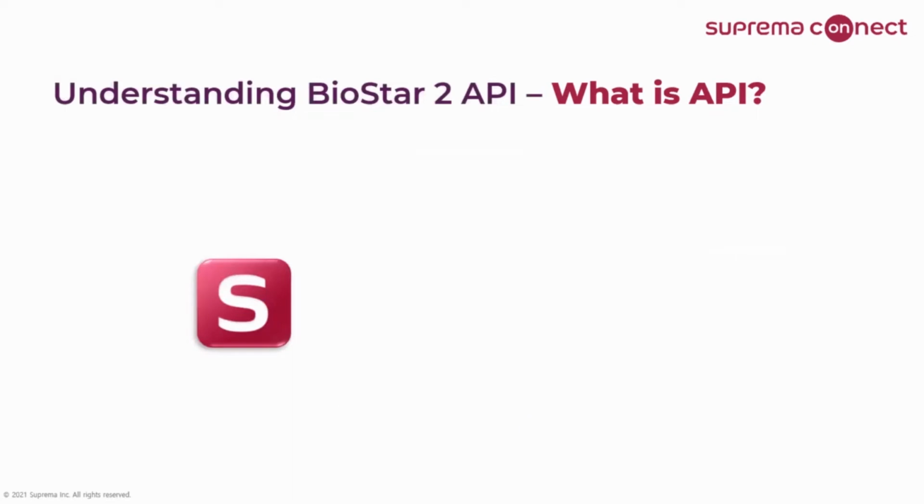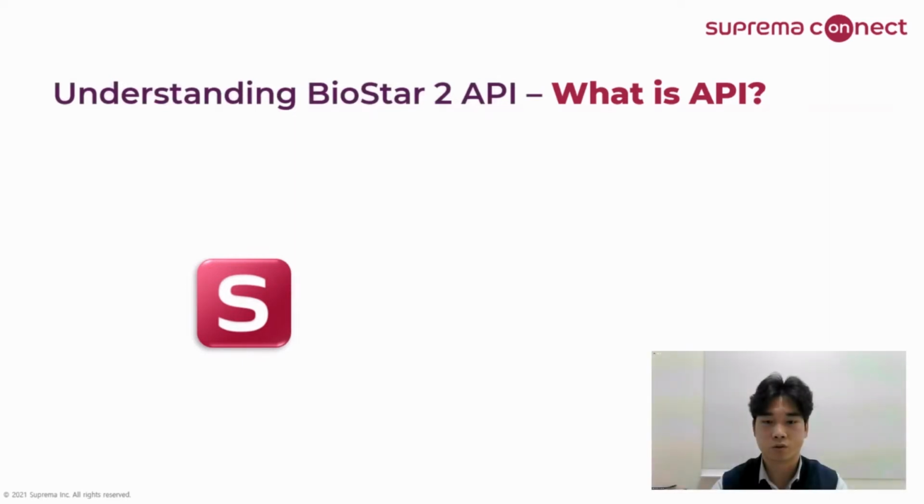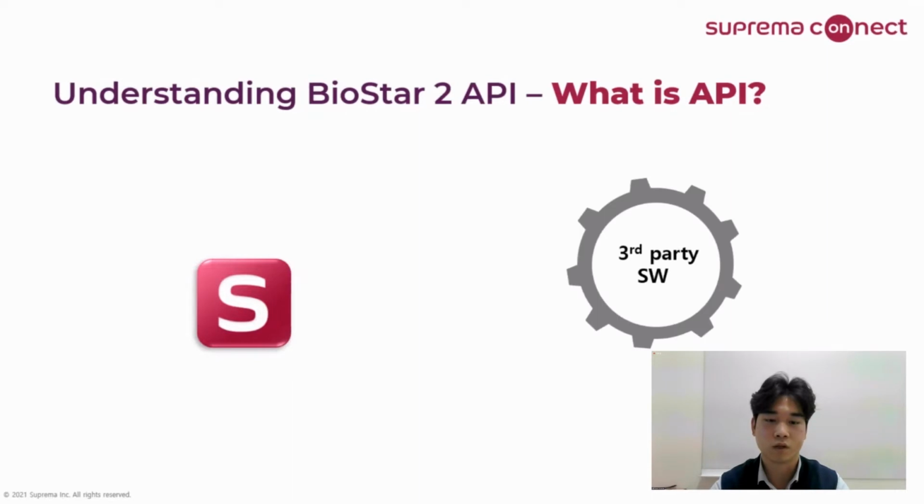Now that you know that API transfers the requested data to the users, when or how do we use this API for BioStar? When do we use BioStar2 new local API, and for what purpose? We can use BioStar2 new local API when we are integrating third-party software alongside BioStar2.